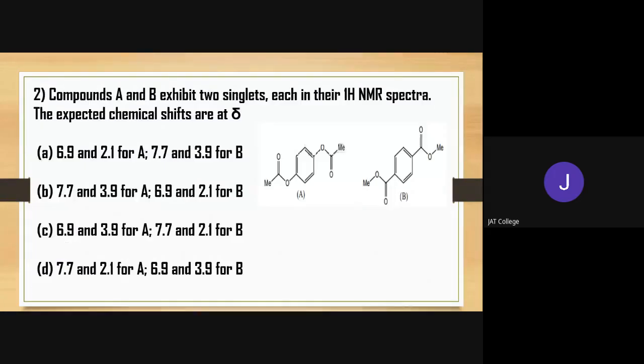So here in the options, first of all, you have to see the 3.9 delta value. Now when we compare A and B, in B the methyl group is attached to oxygen.